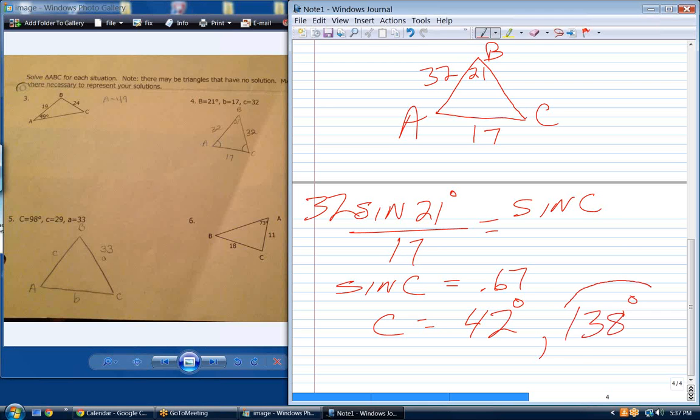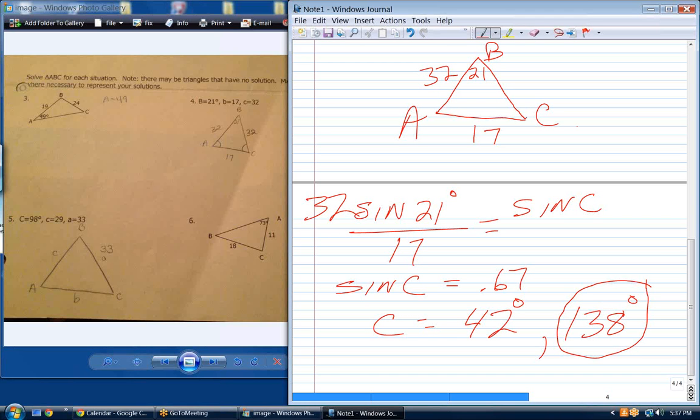Now we add that to the only known angle, which is 21 degrees, and lo and behold, that sum is less than 180, which means we have two possible solutions.